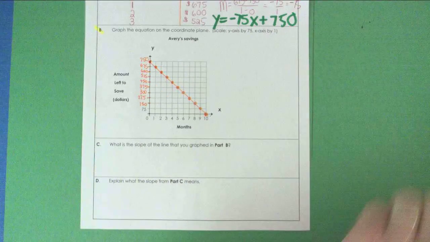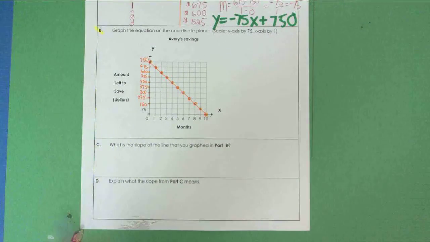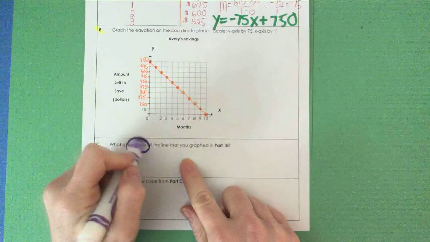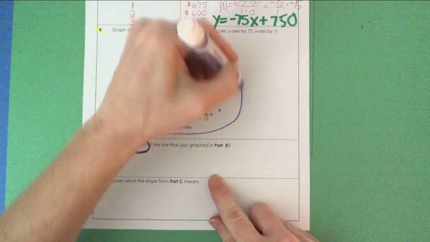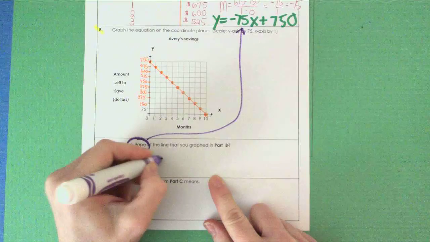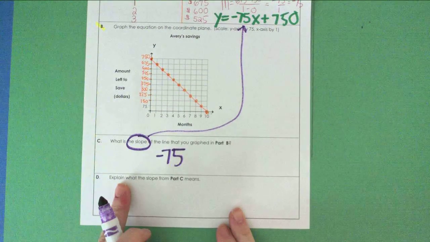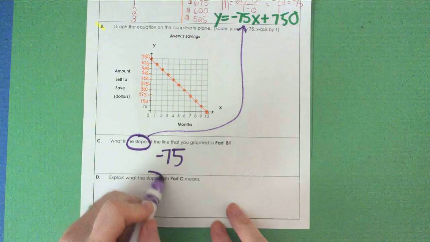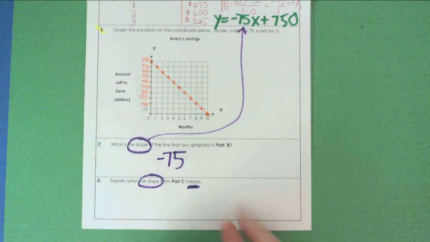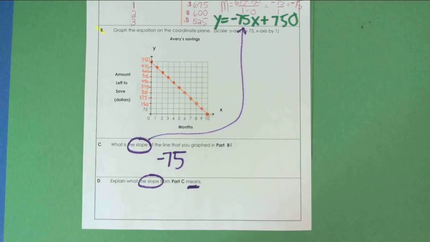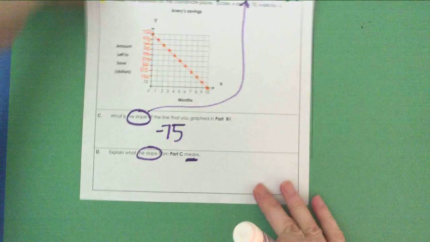Letter C says, what is the slope of the line that you graphed in part B? Well, I think we talked about that. Slope, of course, is my m, and if I trace that back up to my equation, my slope is negative 75. And finally, letter D, explain what this slope means. Well, again, I think I've said that in different ways throughout this problem.